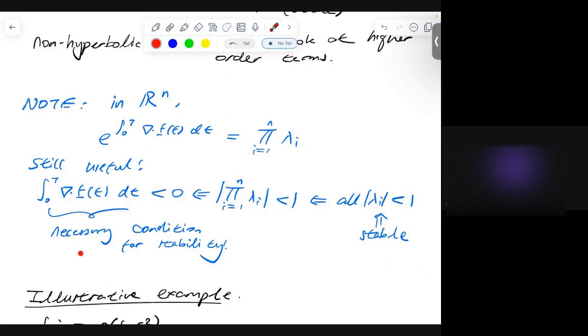So we now have a necessary condition for stability, because for stability we need all of the eigenvalues to have modulus less than 1, which would mean that clearly the product of all of the eigenvalues has modulus less than 1, which would imply that this integral would be less than 0 due to this equality.